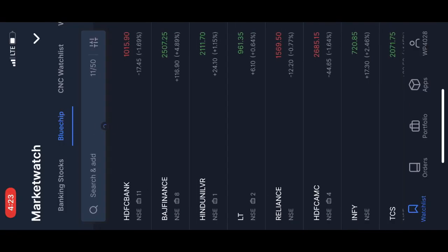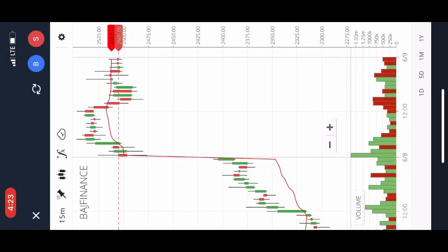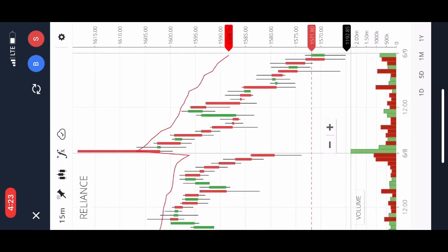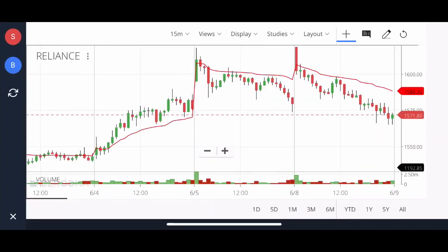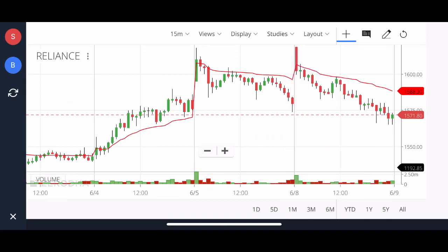So here, let's have a look at a chart of Reliance Industries. It's everybody's favorite stock. Here we can apply the indicator by going to studies and VWAP, and I've applied volume also for your clear understanding.